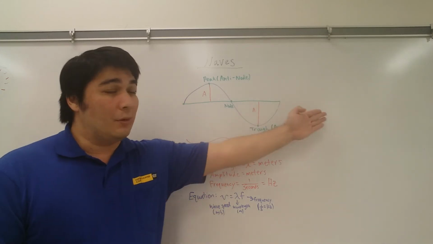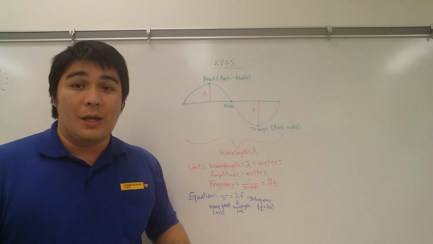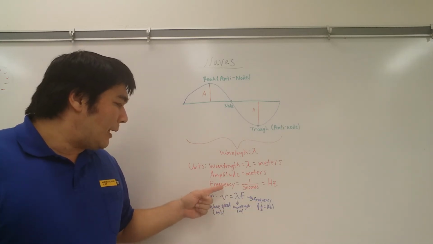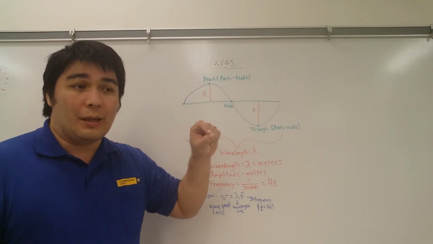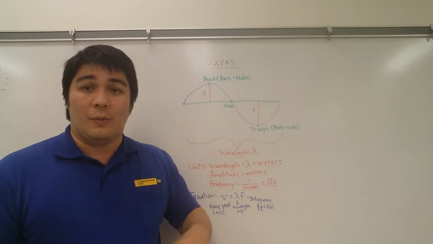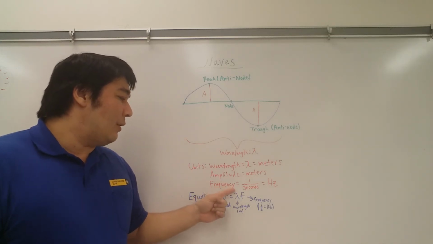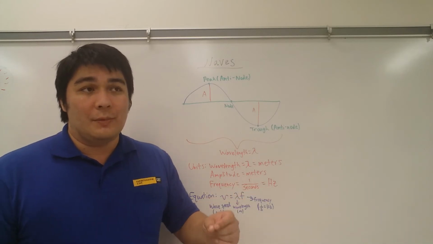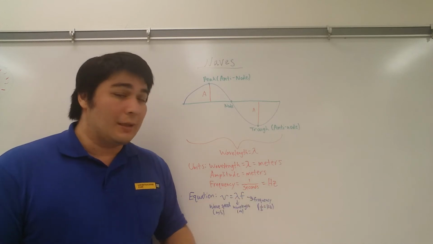But there are multiple copies of this wave traveling through this medium, whatever it is, even if it's the vacuum of space. And so how many of these waves reach you or reach their destination within a time frame would be considered the frequency. And that's why the unit for frequency is 1/seconds, which we also call hertz.